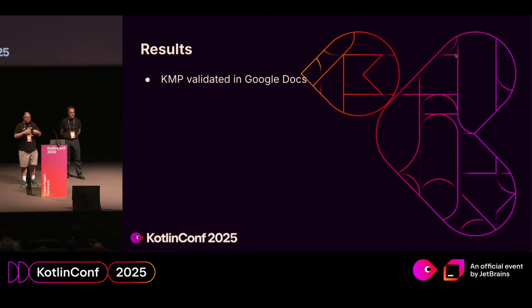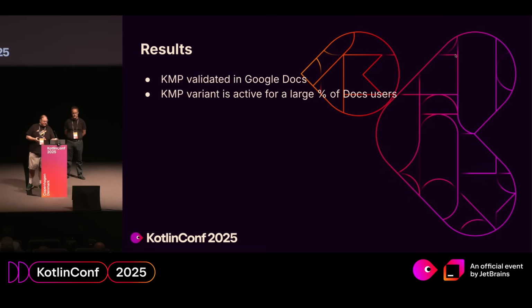We're going to proceed with this transition. We're actually very happy with it. Currently, KMP is active in some large percentage of Docs users, and the exact percentage varies depending on what experiment we're currently doing, as we are still tweaking things and working out details.